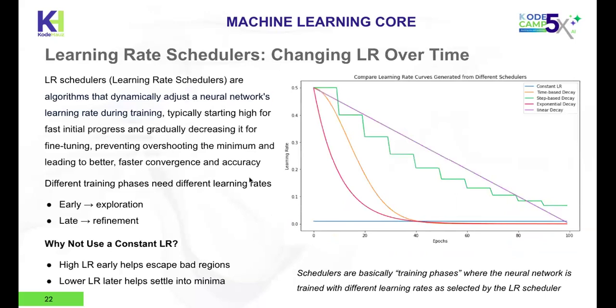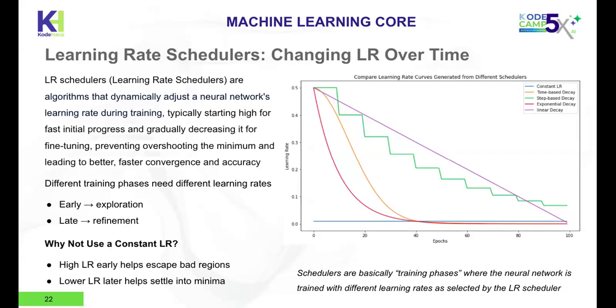So one of the things that we do to solve this learning rate issue is what we call learning rate schedulers. A learning rate scheduler basically is an algorithm that will dynamically adjust the learning rate that you are applying to train the neural network over the course of the training. So you don't manually adjust the learning rate. You typically start with a high value of the learning rate so that it will quickly learn fast, get to the general area where you have the global minimum, right, in that loss landscape.